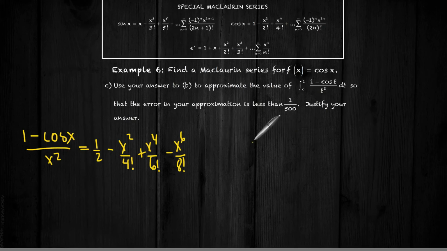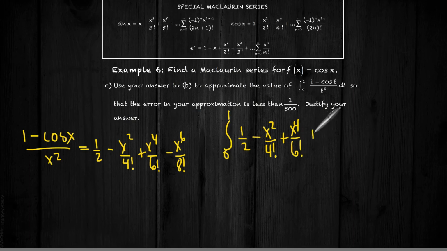So let's go ahead and integrate this from 0 to 1, and we're going to integrate not the function that we can't integrate, but we're going to integrate this function here, which is our approximation of it. And, oops, we need this to be minus x to the 6th over 8 factorial, and dx, letters really don't matter.